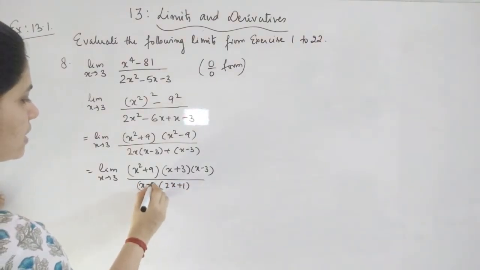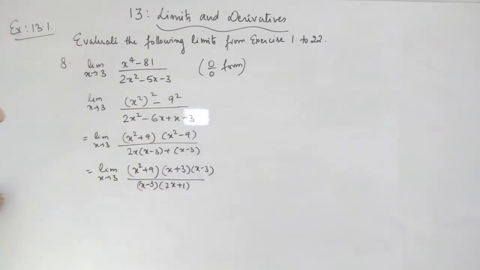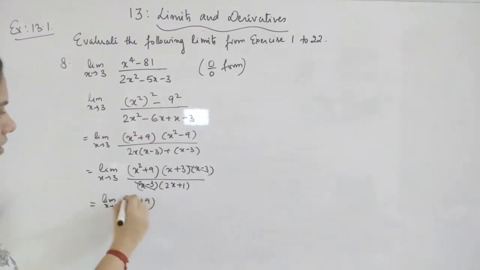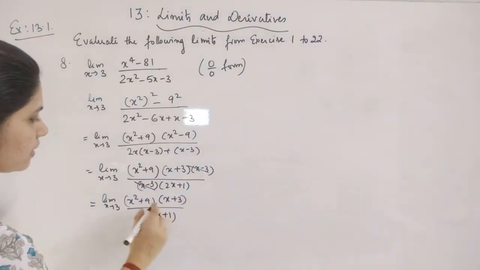So again you can see that x minus 3 is in common with the numerator and denominator, that we can cancel. That means that was the term which made this in the 0 by 0 form, which we have now deleted. Now just see whether the denominator is giving you 0, no. So the numerator, we can just see whether you are having a valid answer or not. Now the terms are like this, x square plus 9 into x plus 3 divided by 2x plus 1.